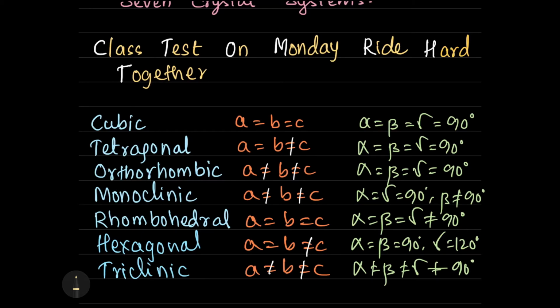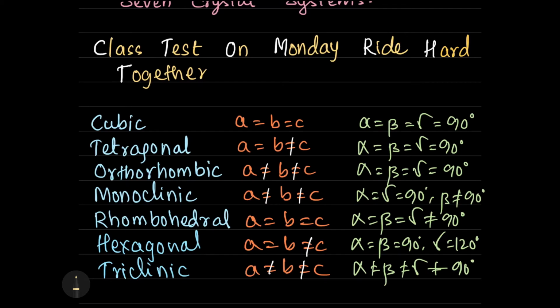In the case of hexagonal, a is equal to b, b is not equal to c, alpha is equal to beta is equal to 90 degree, and the third interfacial angle gamma is equal to 120 degree. In the case of triclinic, a is not equal to b and b is also not equal to c. The angles alpha is not equal to beta and beta is also not equal to gamma, where gamma is also not equal to 90 degree.